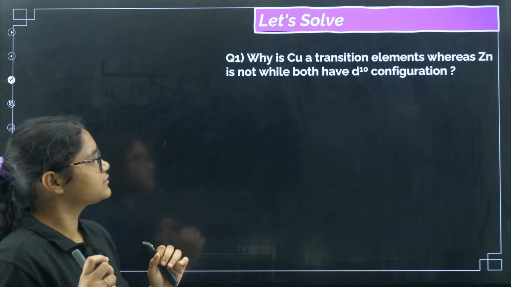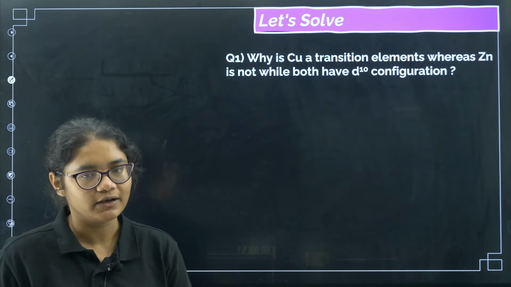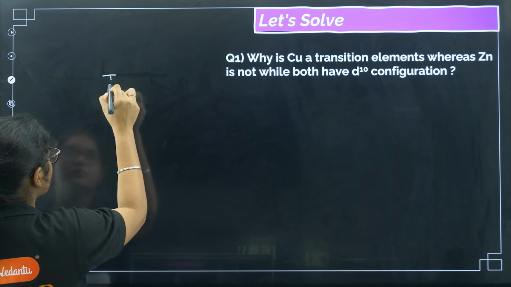Okay, now we can come back to the question that we have left here. Why is copper a transition element whereas zinc is not, while both have d10 configuration? Now see, what is the definition of a transition element?